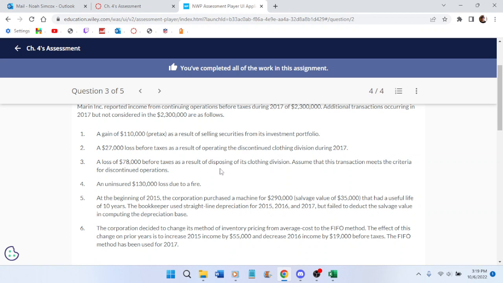Okay, so we have this. Now we have this loss due to a fire. Oh, jeez.